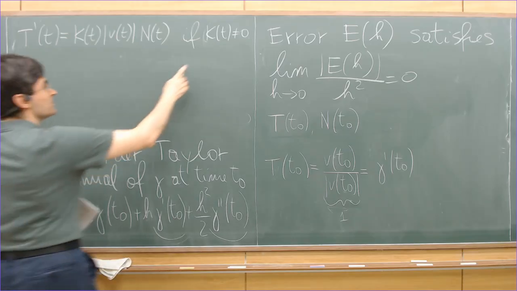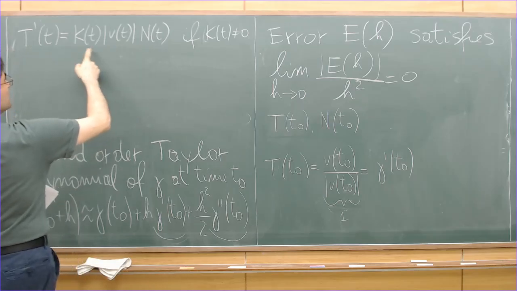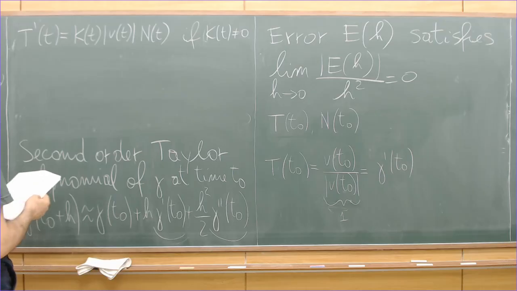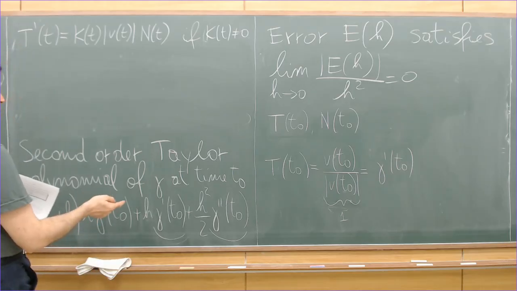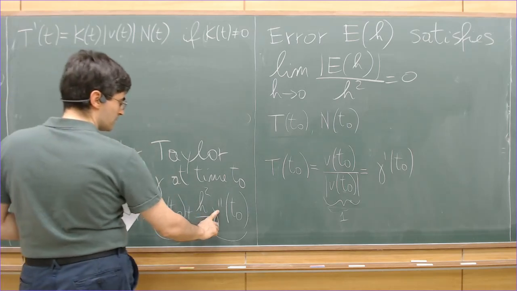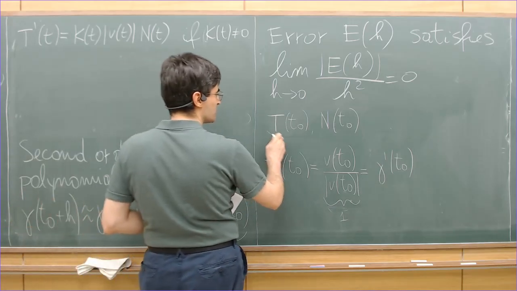The reason why you need this hypothesis is that otherwise this vector is not defined. Okay, so what about the connection between gamma second and these two vectors here?